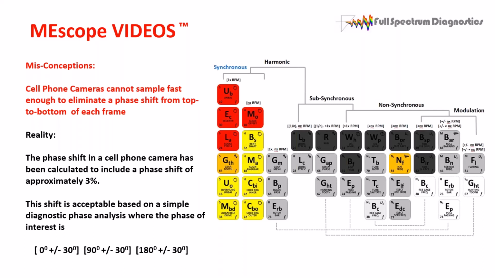So any phase analysis for this is just how is the machine moving? It's a description that we're going to need when we look at the response, and it is a good summary, I think. I can't remember who calculated the 3%, but it's a little different in every camera.